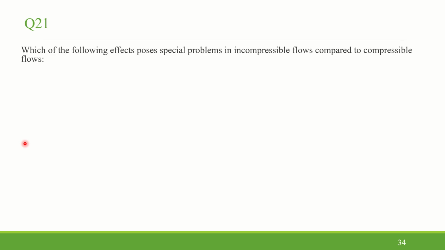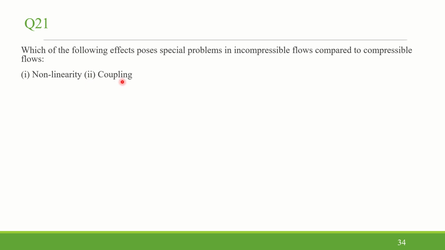In question 21, which of the following effects poses special problems in incompressible flows compared to compressible flows? What are the problems in incompressible flows compared to compressible flows? First one, non-linearity.